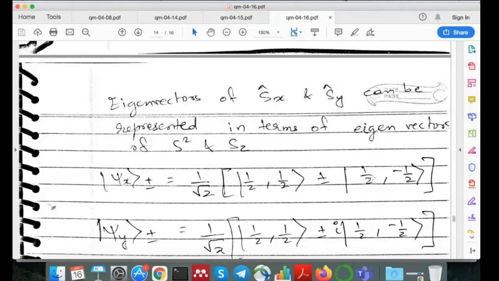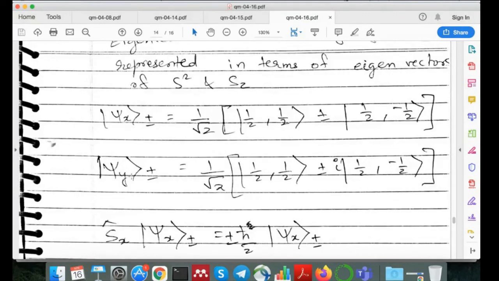The first half represents your S value and the minus half represents your MS value. I hope that is clear. Here also this represents S and this represents your MS value. Similarly, there is a formula for psi y. The only difference is that there is an i here. Over here there is no i, and over here there is an i. Everything else is same.